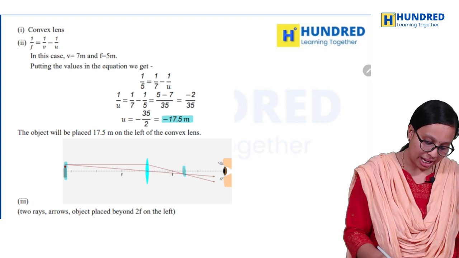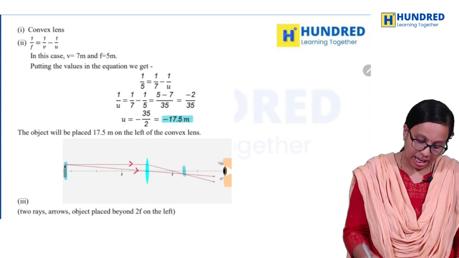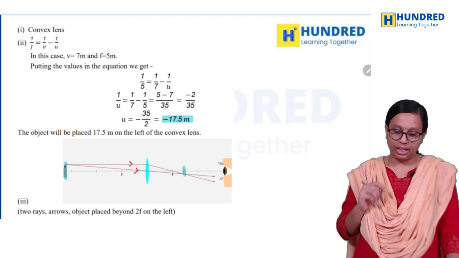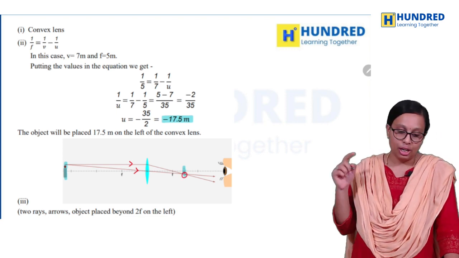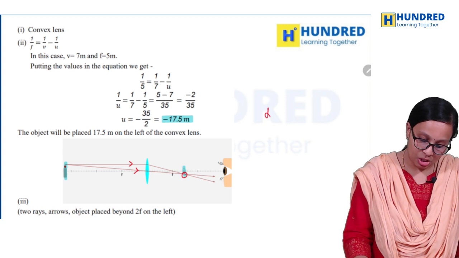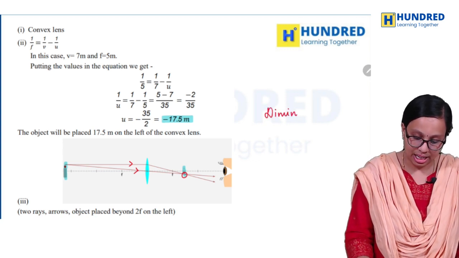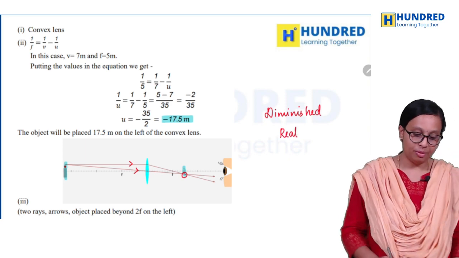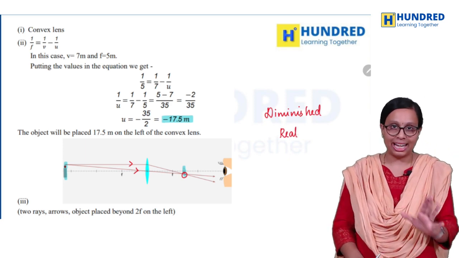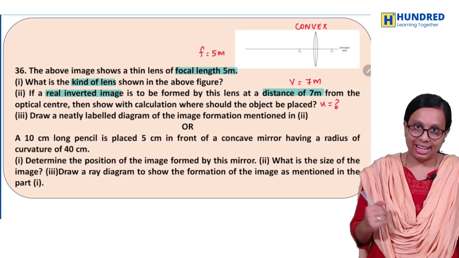You have to draw arrows. Don't forget to draw the arrows. Arrows are very, very important. Where these two light rays meet, you get the image. So the image here is diminished. They haven't asked the nature, but the image is diminished and real. So this is a direct sum. You can directly substitute. And you have to draw the ray diagram also.